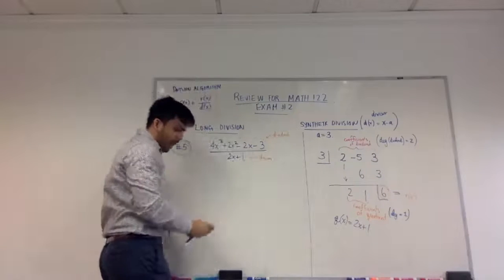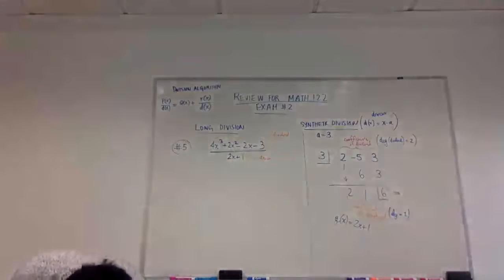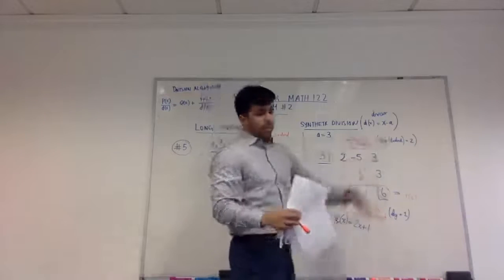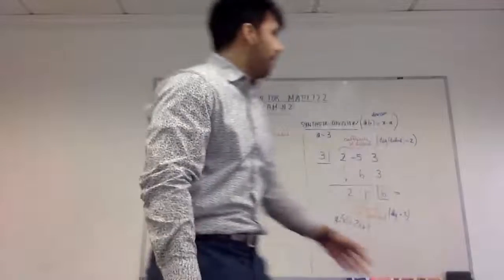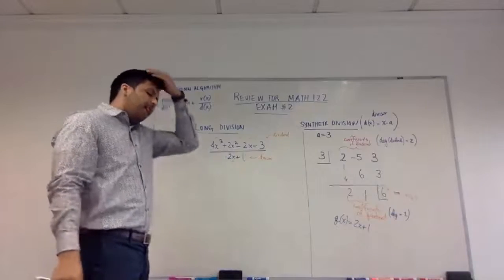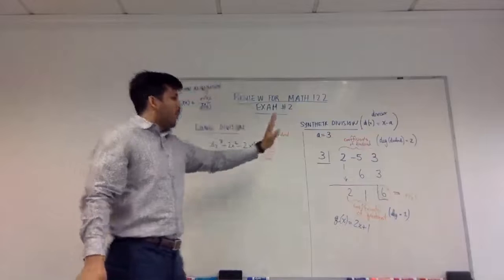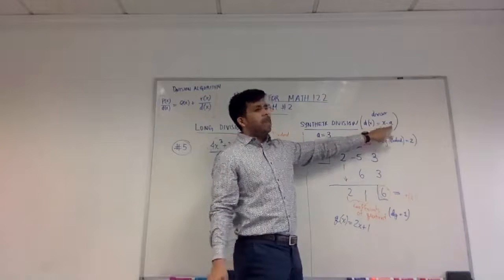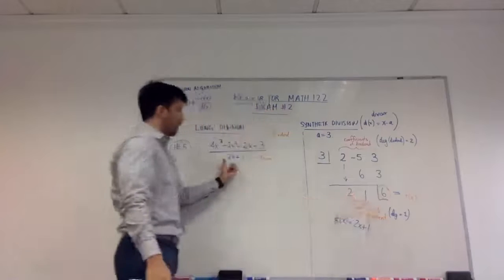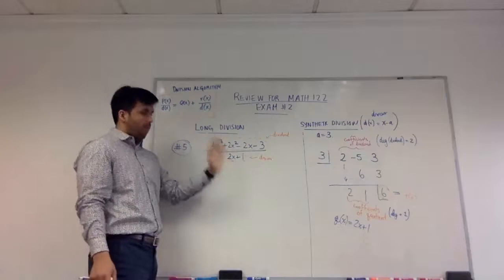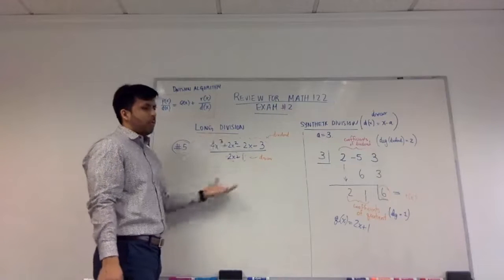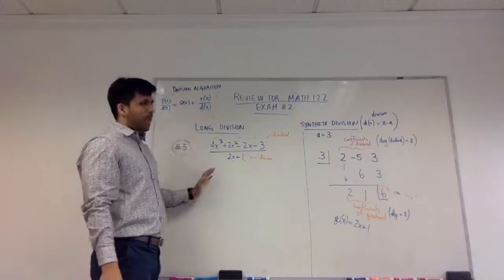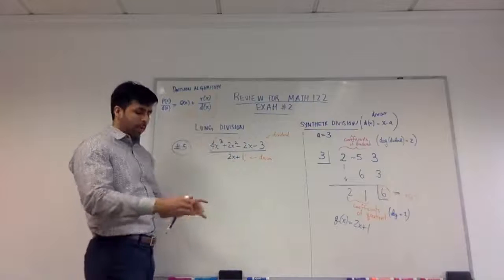Now, this divisor of mine does not have the form x minus a, and we're only going to deal with synthetic division when the divisor is x minus a. This particularly does not have that form at the moment, so we have to perform long division. Long division always works. So whenever you have any doubts dividing polynomials, long division always works.